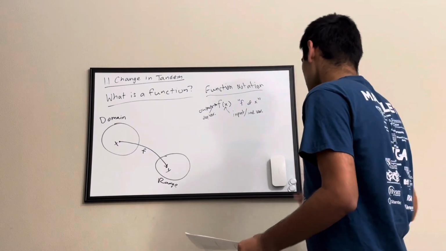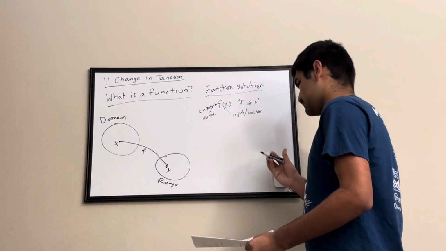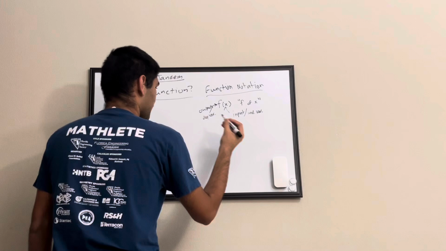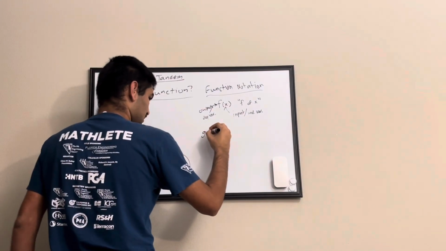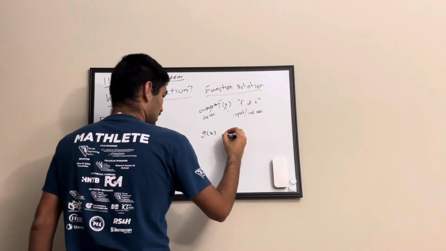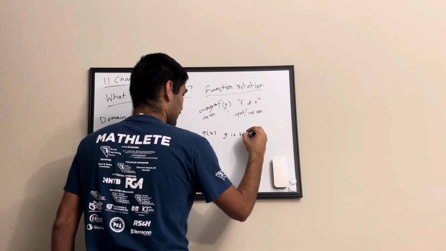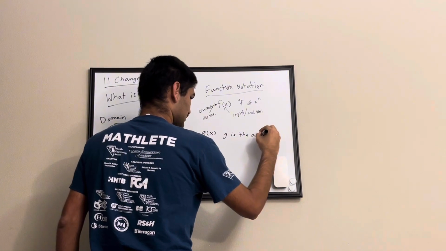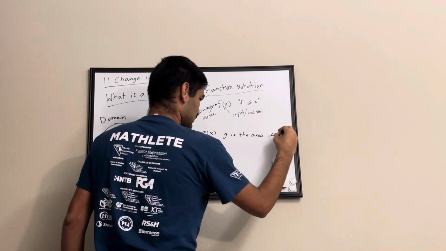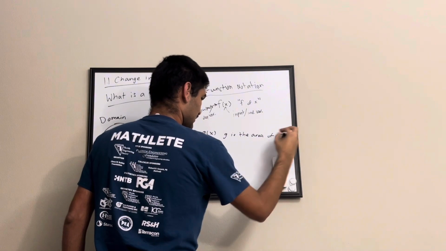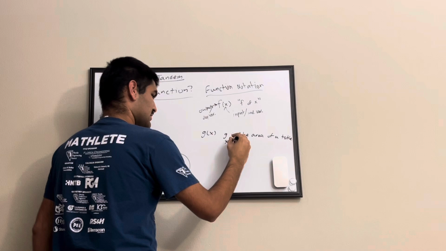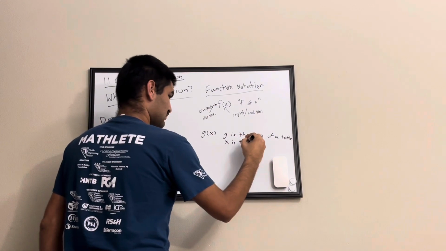Okay, so let's do an example. Let's say we have some function g of x, where g is the area of a table, and x is the length of the table.